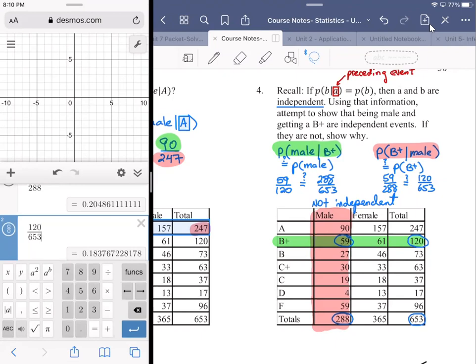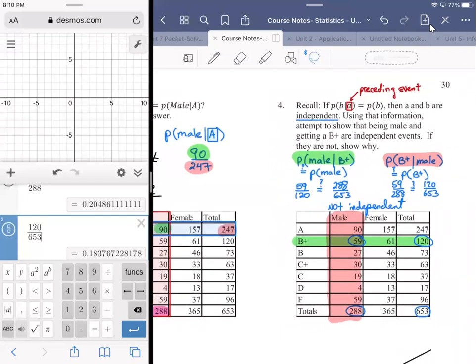You say, well, isn't it one or the other? Well, you got to kind of look at it as not independent, dependent, or inconclusive. The jury's out. We don't have an answer, right? Because you could look at this as a simplistic viewpoint and say, well, they're not independent, therefore they're dependent.